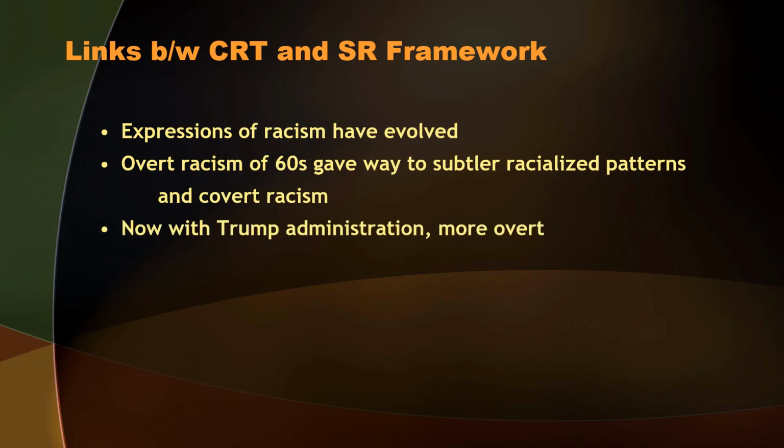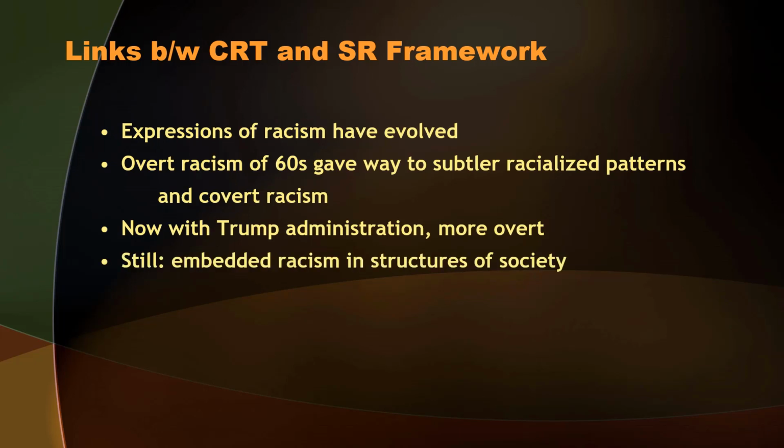Now, of course, with the Trump administration, there's a rise in more overt racism, but the covert racism still exists. Both CRT and the structural racism framework incorporate this idea into their concept of embedded racism.